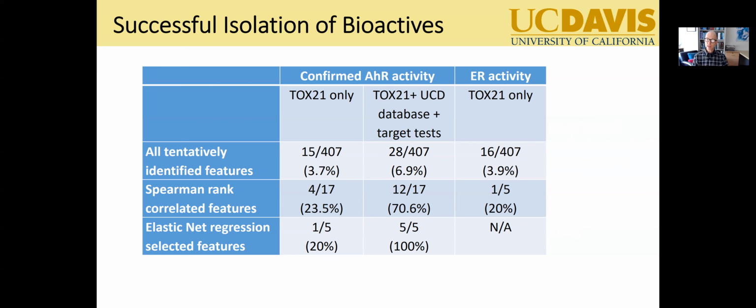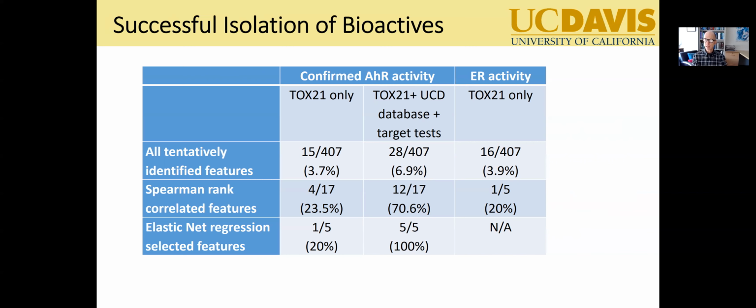And so we tried to expand our coverage. The first thing we did is, Mike Denison is the developer of this CALUX aryl hydrocarbon receptor assay that we're using, and his lab through previous NIH grants has surveyed over 300,000 compounds for aryl hydrocarbon receptor activity.